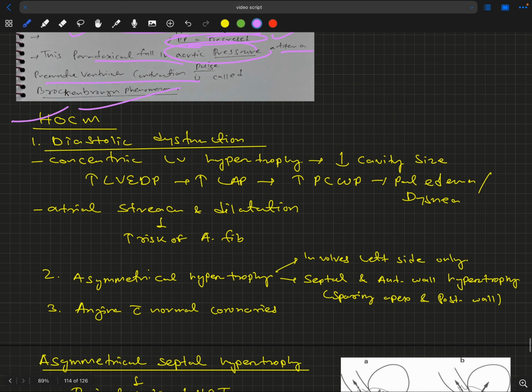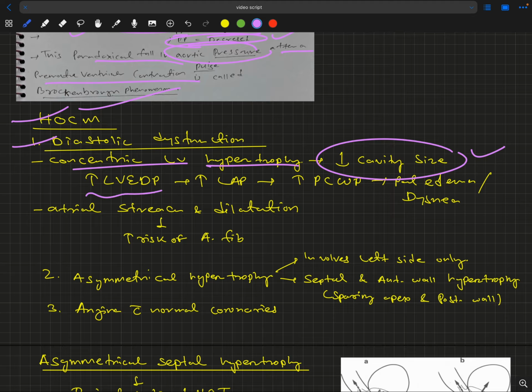So in HOCM, there will be diastolic dysfunction. The concentric LV hypertrophy, at the expense of decreased cavity size, makes the ventricle stiff, leading to diastolic failure.